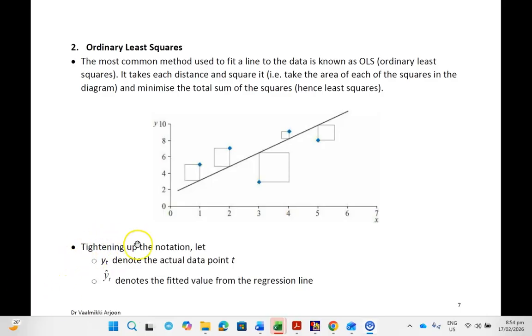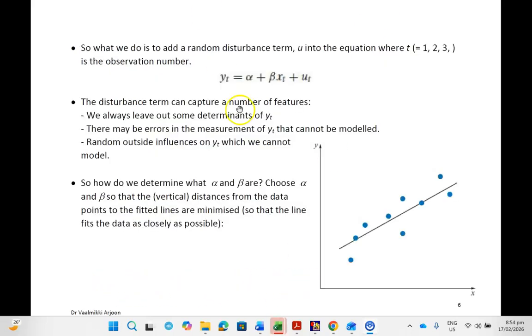So if you want to tighten up the notation, we let y denote the actual data point at time t. And y hat at time t denotes the fitted value from the regression line. In other words, what is the fitted value? Let's say we don't know what y is, but we know what the regression parameters are.